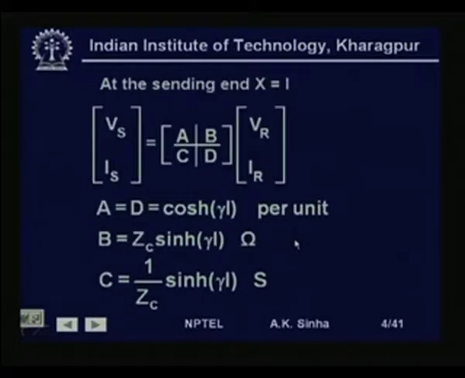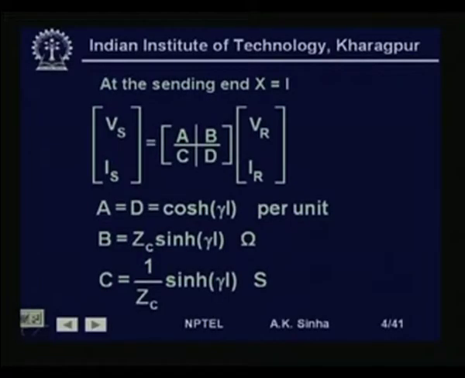Now, normally we are interested only in the terminal conditions, that is the sending end voltage and current and the receiving end voltage and current, rather than the voltage and current at any intermediate point on the transmission line. Therefore, we can find the voltage and current at the sending end in terms of the voltage and current at the receiving end by substituting x equal to L, where L is the total line length.